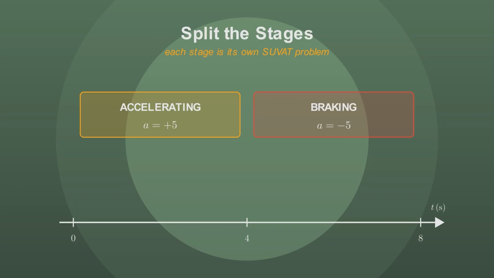If you try to do it all in one go, you're going to get a very confusing answer. So what you need to do is draw a timeline and split the stages, and from there you'll be able to really understand the principles behind the motion in that question, and it'll make things a lot easier.